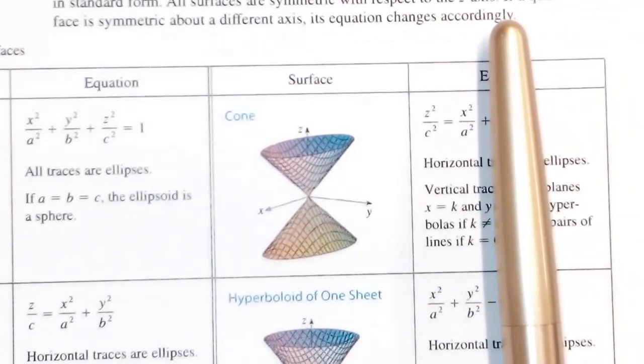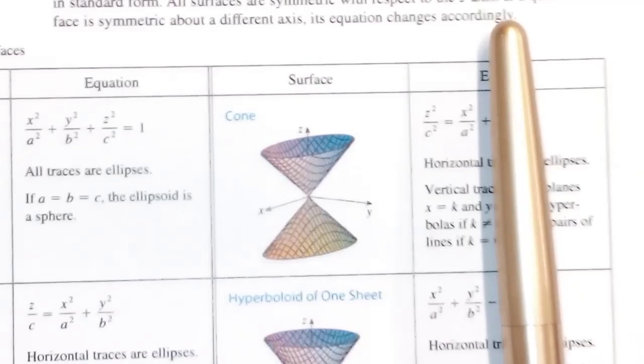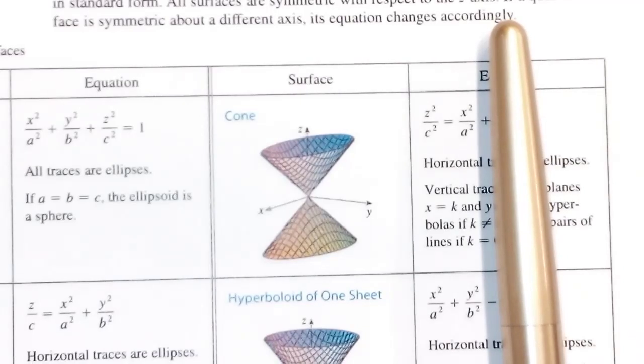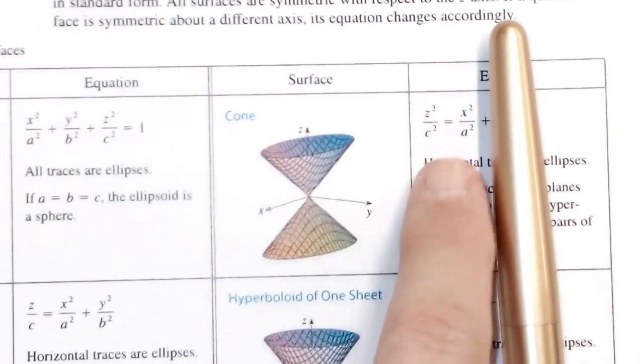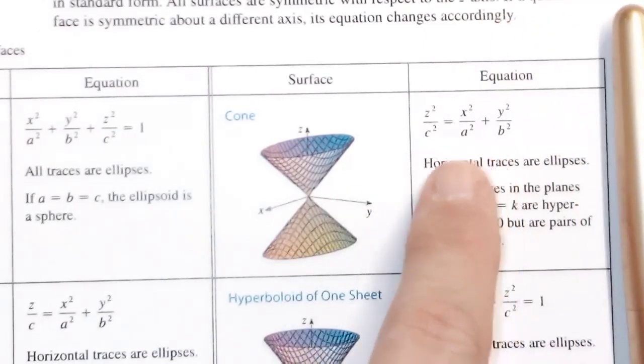Now do the same thing in X and Z and Y as you did in Z and X. I've got a cone. If I slice it, I get an X if I slice from top to bottom. But going this way, I get ellipses, depending on the size of these numbers, A's, B's, and C's.